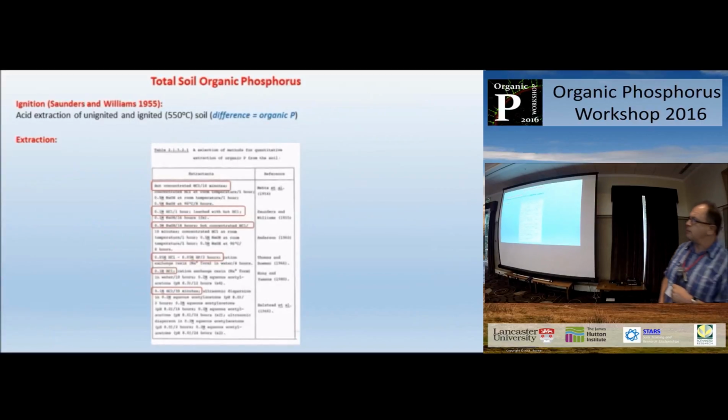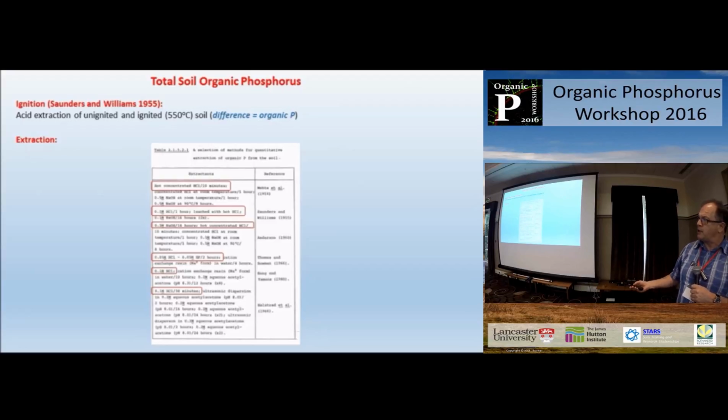Now, it didn't come up too well. Never mind. In terms of measuring total organic phosphorus, we've known about organic phosphorus since about the early 30s, and even before that, actually. But in terms of actually measuring it, it really only came in the 50s and 60s. This came out of my thesis, believe it or not.